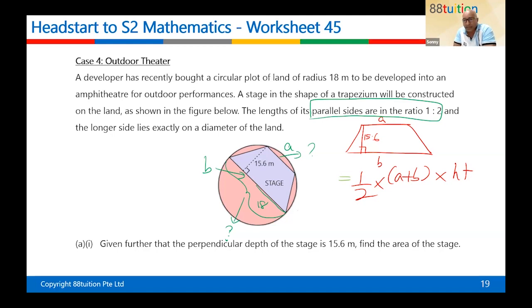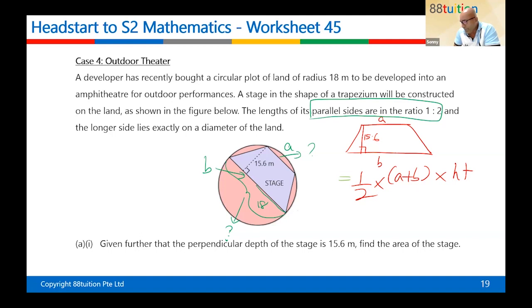So the longest side. Anyone with the answer? A and B? Okay, not bad. Well done. You got the right answer. How about the rest? You need to find A and B first.